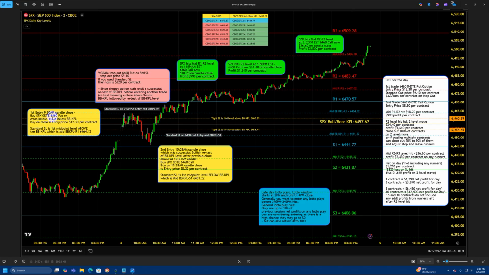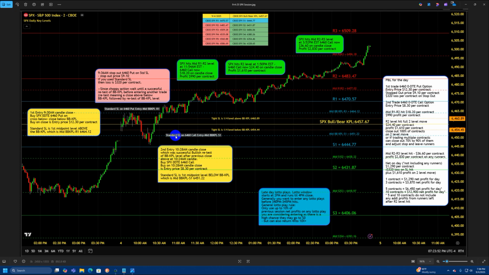If you use the 64.55 put here, then when this scenario comes up, you would just pick a 64.55 call. In this case, we're using the 64.60 call, and we're buying on the close of the 10:28 candle, which closed at 10:30. The entry price on this, on the close of the candle, is $8.30 per contract.